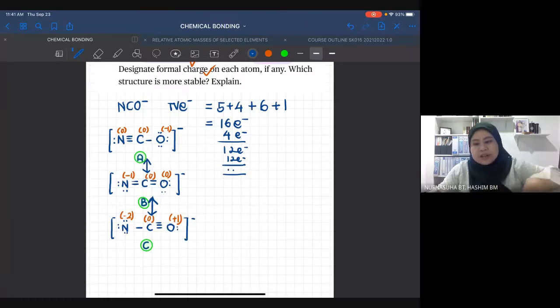So maksudnya dia tidak akan jadi plausible Lewis structure. Dia bukan yang paling stable. Okay, so sekarang antara A dengan B sahaja. So agak-agak antara A dengan B, yang mana satu yang paling stable?